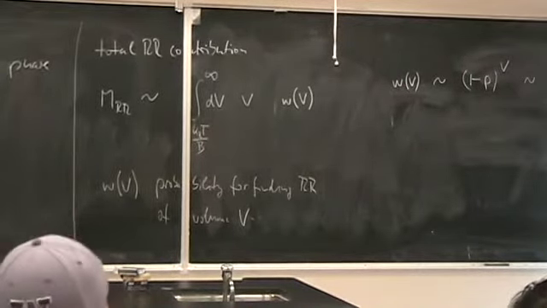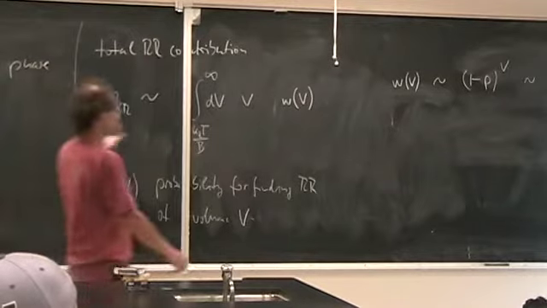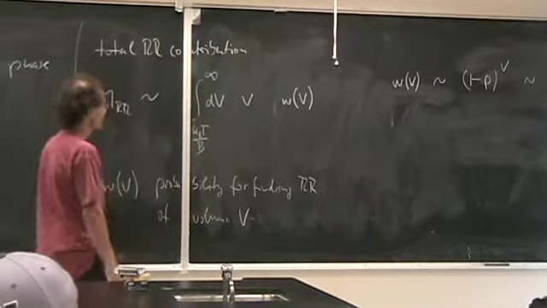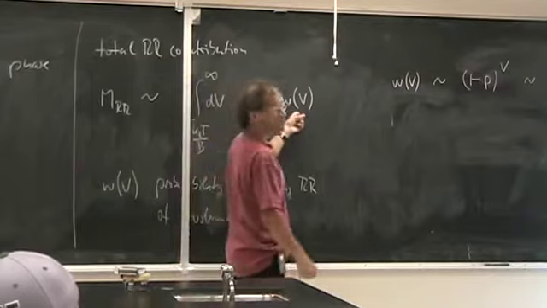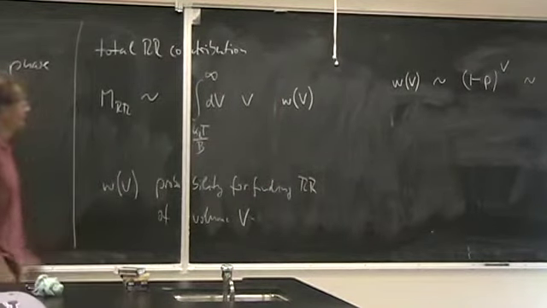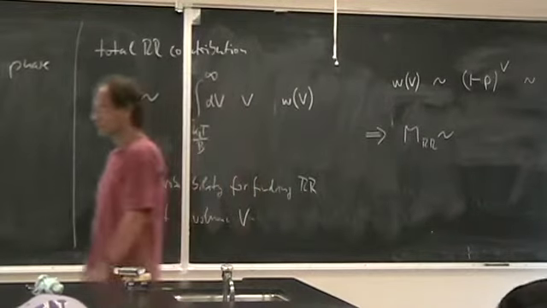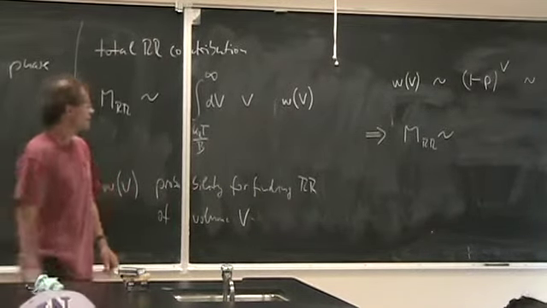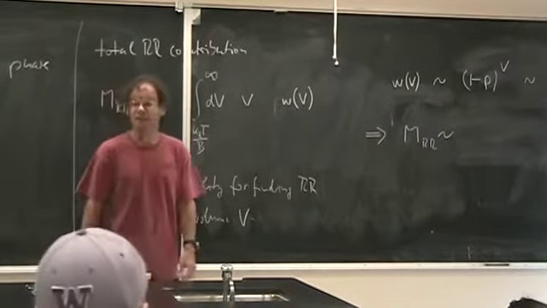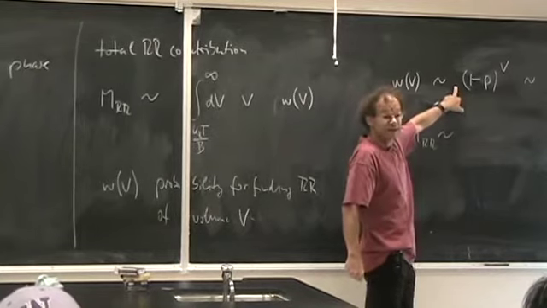Okay, so now we are in business, right? Now we have something we can actually calculate. We have to integrate dV V e to the minus something times V. And it's clear, since I'm only working to exponential accuracy, I can drop the V here, because there will be power-law prefactors in front of that anyway.